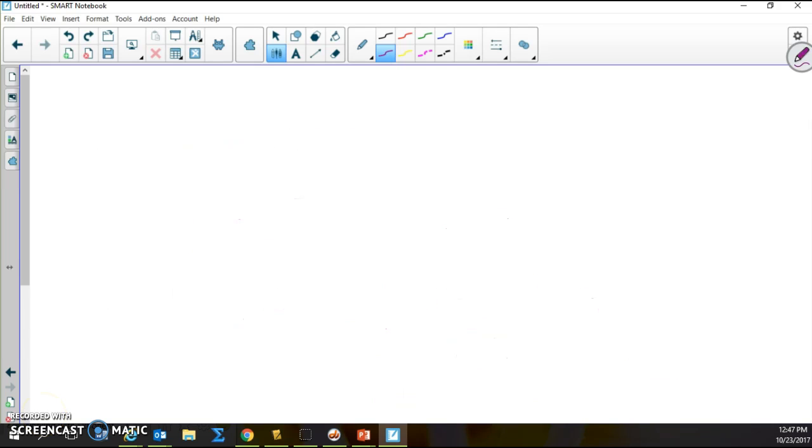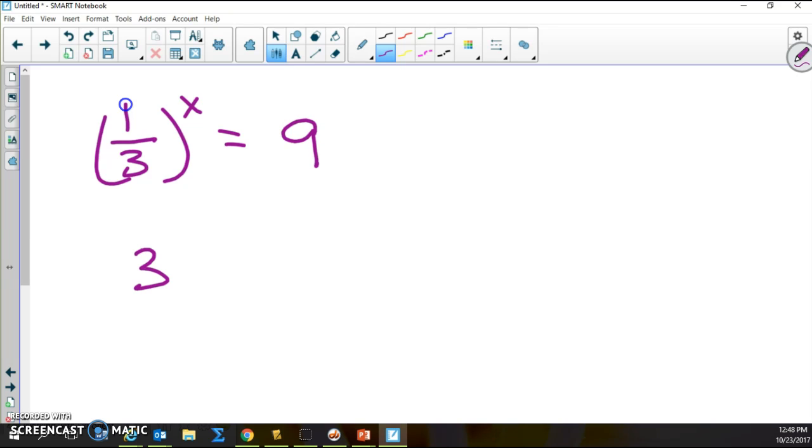It's always good to think about problems like example 1, part D. We have 1/3 to the x is equal to 9. I want to rewrite these. I see they're both related to powers of 3. In the case on the left, 1/3 is 3 to the negative 1, still being raised to the x power, and 9 is 3 to the second.